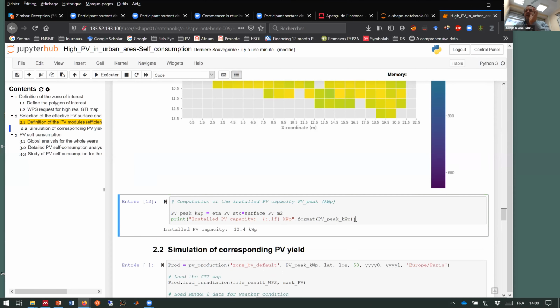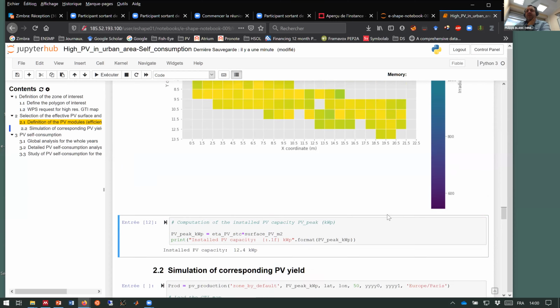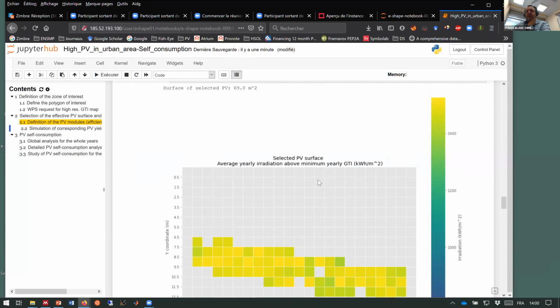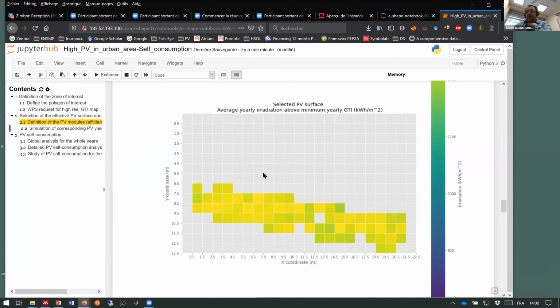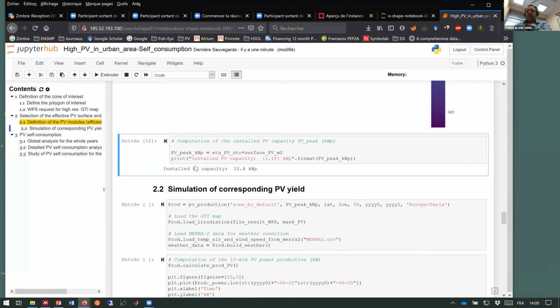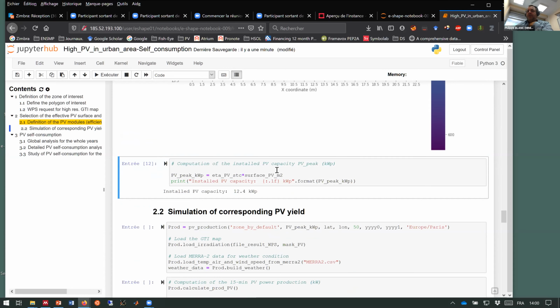Okay, so since I have selected this amount of PV panel, 69 square meter, I get an installed PV system of 12.4 kilowatt peak. So at this point, I have selected my polygon.